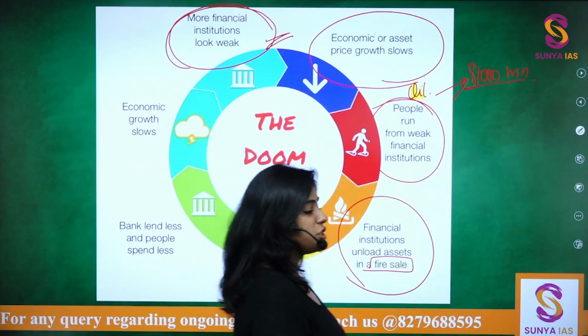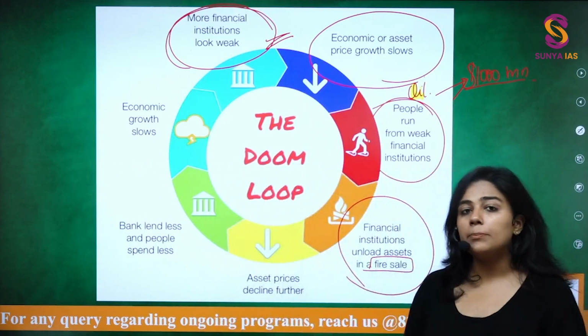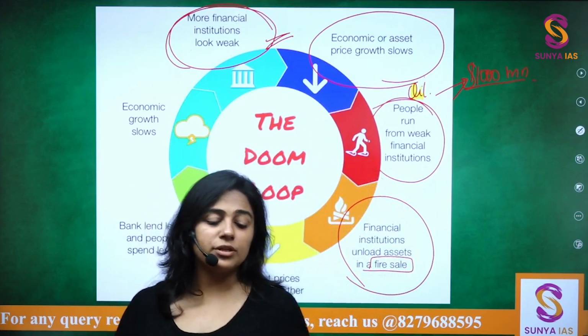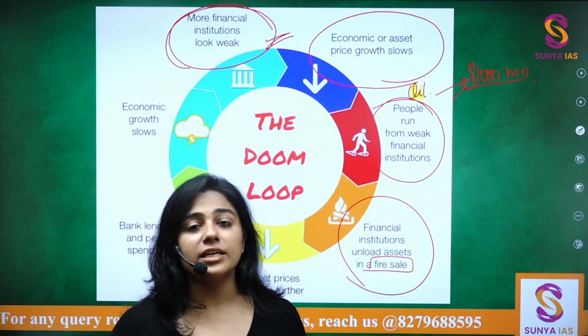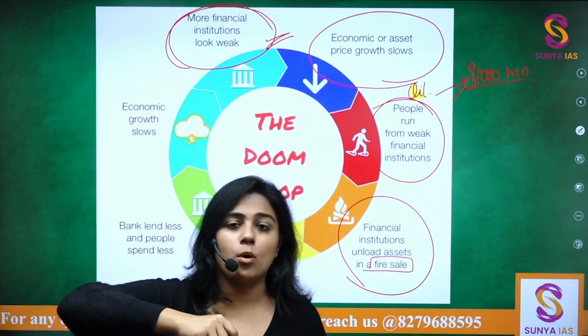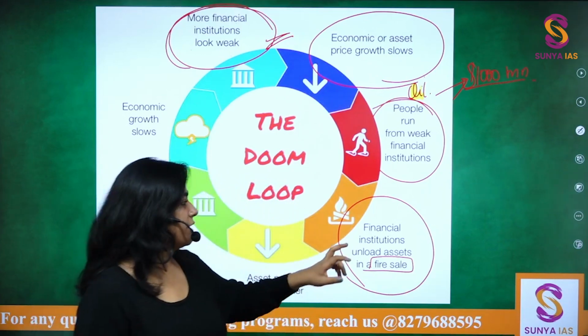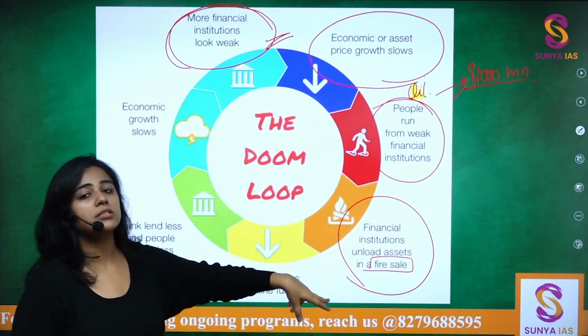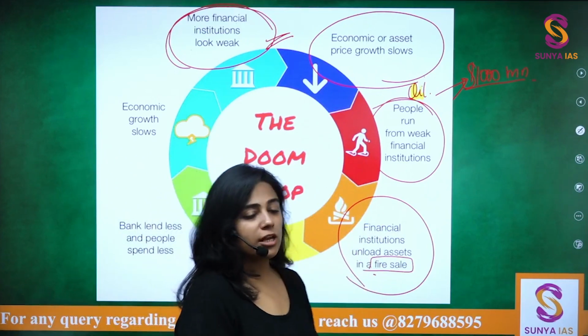They will try to give cheap loans at first, but when people are not okay with the kind of investments that the bank has made in government bonds, they will not deposit or take loans, and then the financial institutions will be forced to sell off their assets.